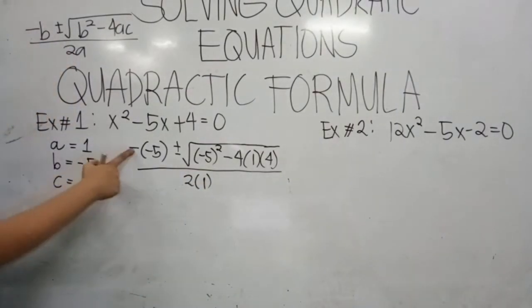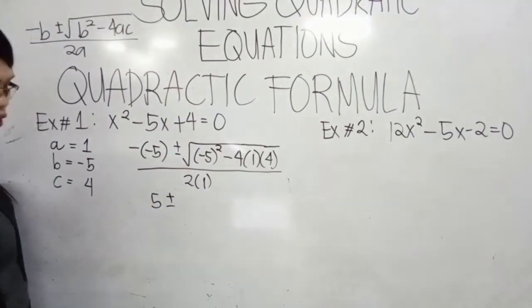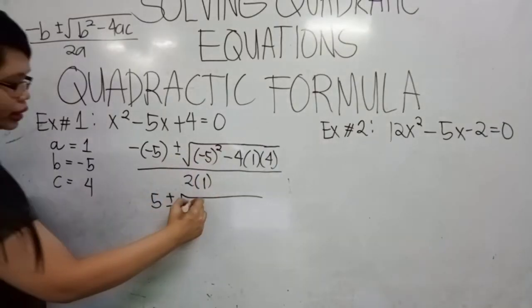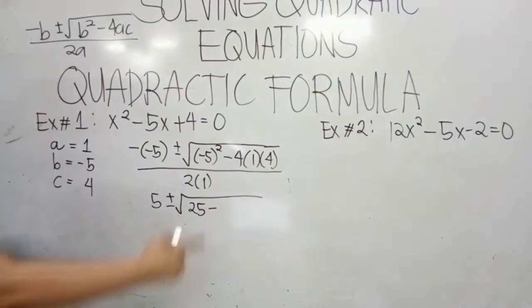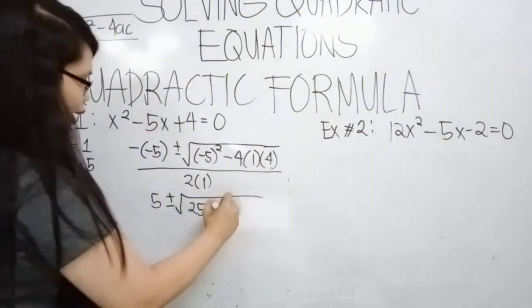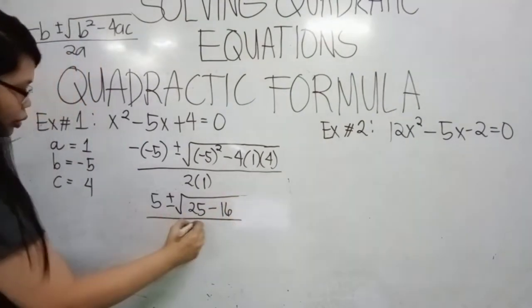Negative multiplied by negative becomes positive 5, plus or minus the square root of negative 5 squared, which is 25. Minus 4 multiplied by 1 gives 4, multiplied by 4 gives 16. All over 2.